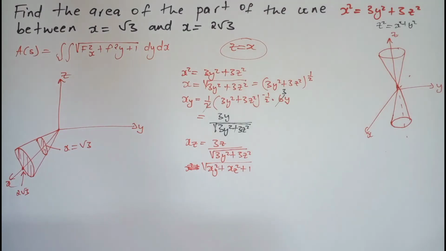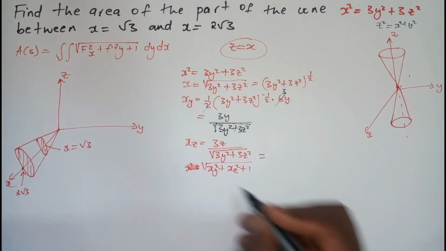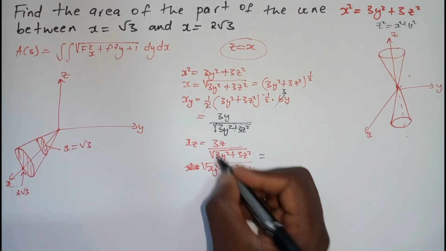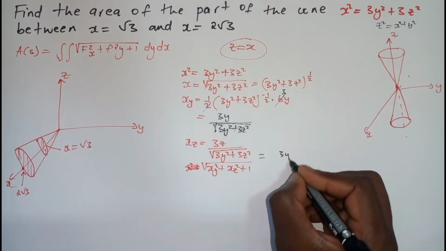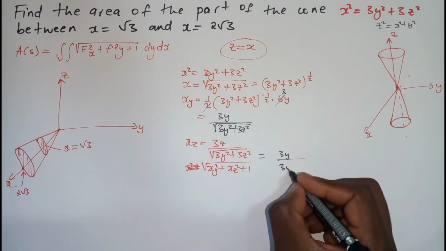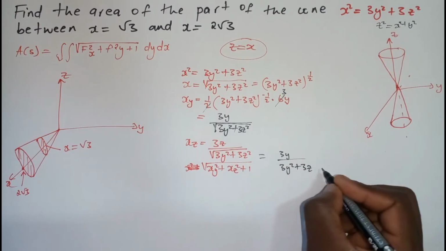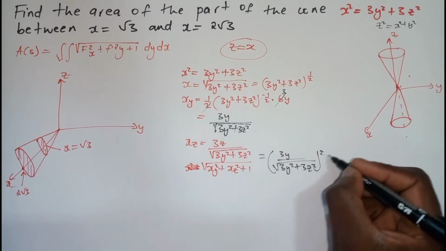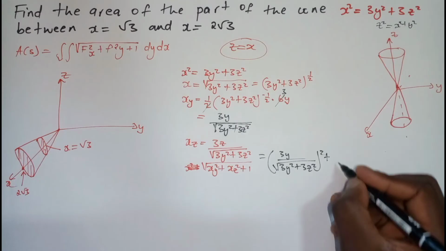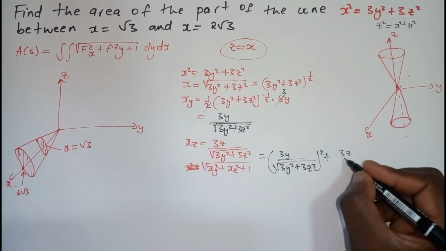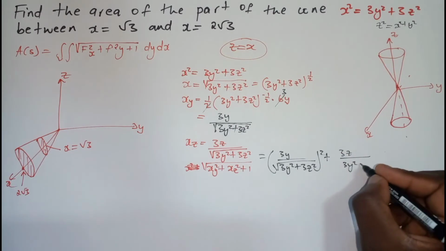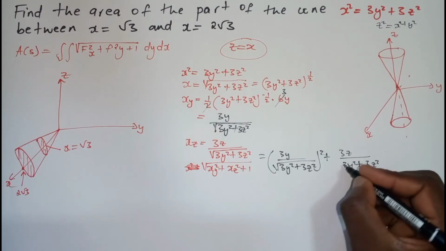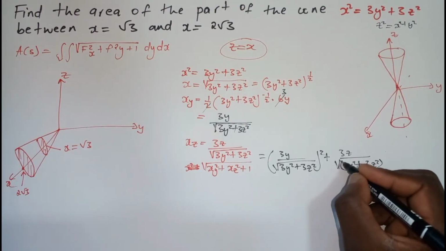Okay, so let's do that. I'm going to write it right here. So for x squared plus y squared, this is xy and this is xy, I'm going to say 3y over the square root of 3y squared plus 3z squared, and I'm going to put a square here, plus now for xz, this is going to be 3z divided by the square root of 3y squared plus 3z squared, squared.